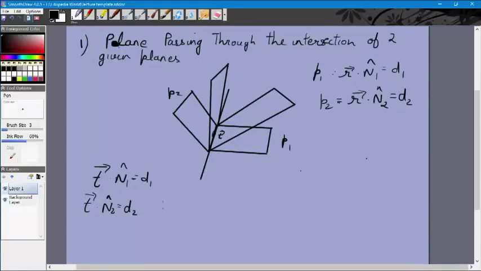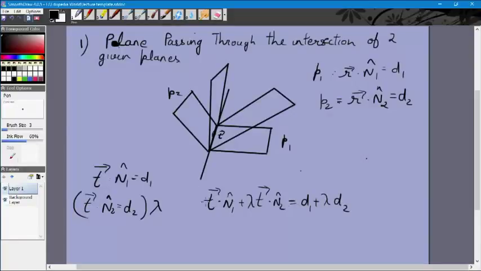So if it satisfies both these equations, we can multiply just the second one by lambda and add it to the first one, and what we get is t dot n1 plus lambda times t dot n2 is equal to d1 plus lambda d2.